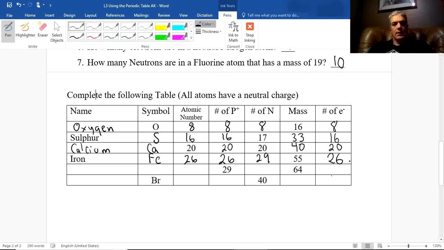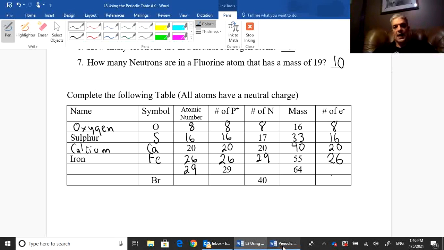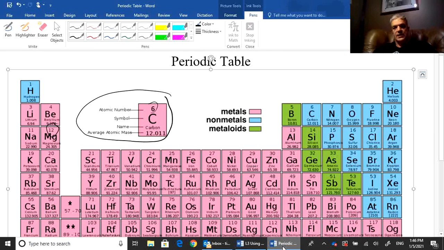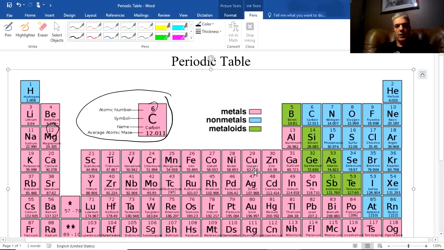All right, the next one is number 29. Number of protons is 29. Well, if the number of protons is 29, that means my atomic number has to be 29. So now I can go to my periodic table and look this one up, okay? Oh, here we go. 29. Where are we? Oh, there.